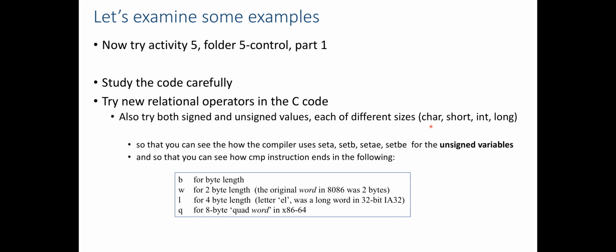And then also try different lengths so that you can see how the B, W, L, and Q get used. And then definitely try unsigned variables and looking at the relationship between those so you can see how those are used as well. So go for it. Try the activity called 5-control, but just do part one at this time.